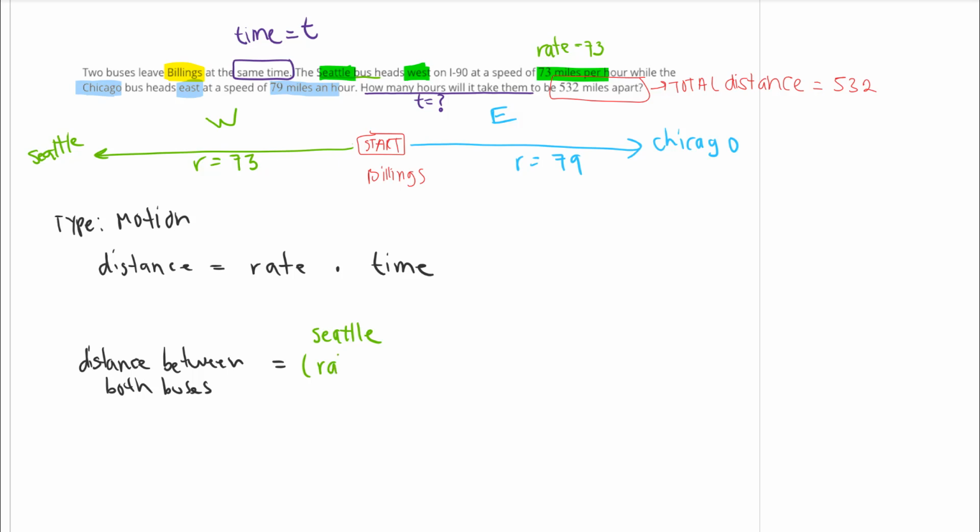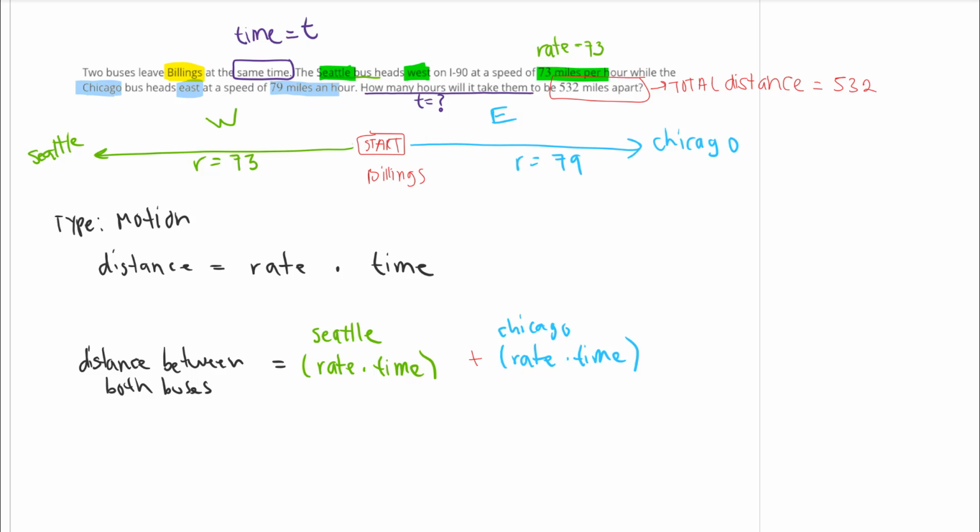where you have your rate times your time, and you're going to add to it your Chicago bus, and you're going to figure out your rate and your time and plug in those values.